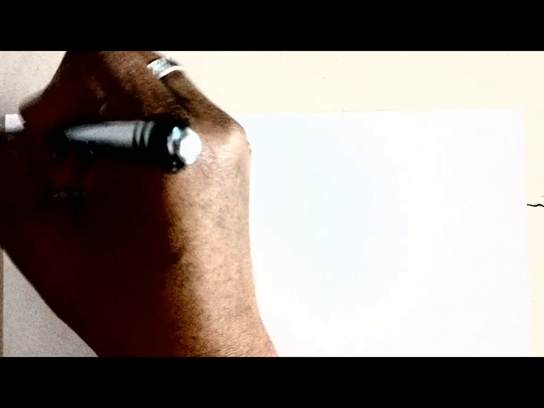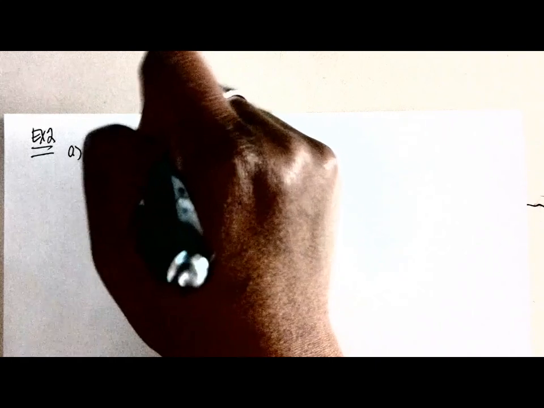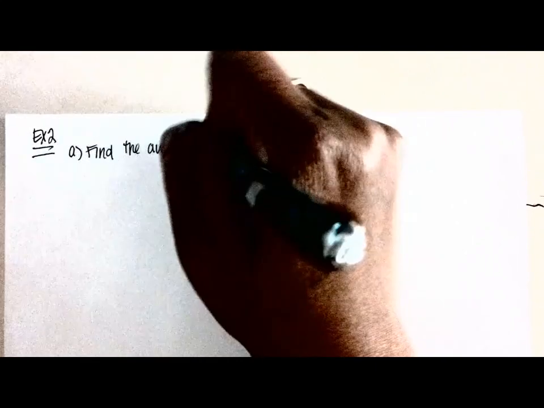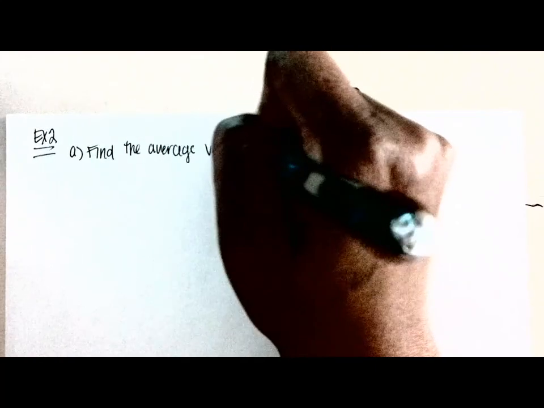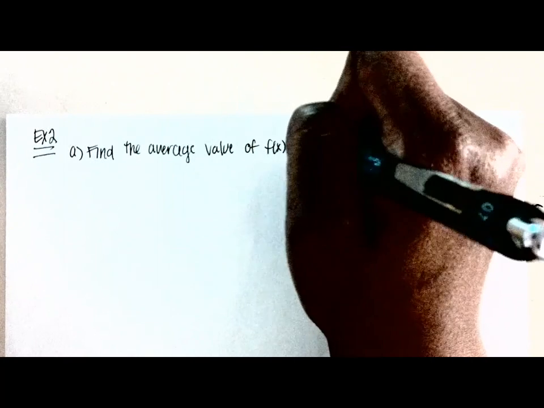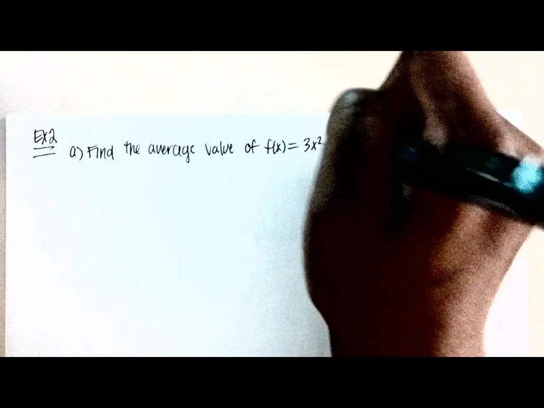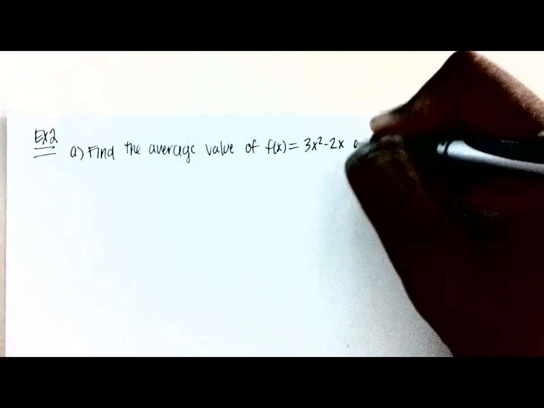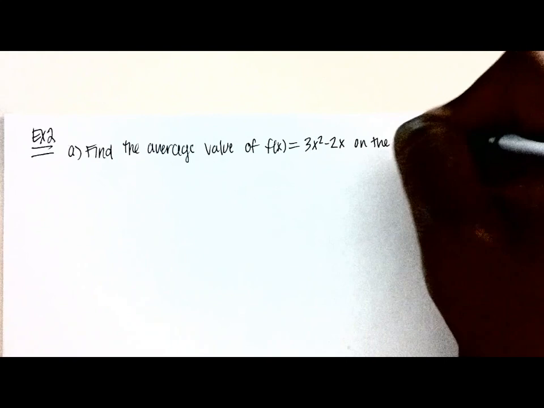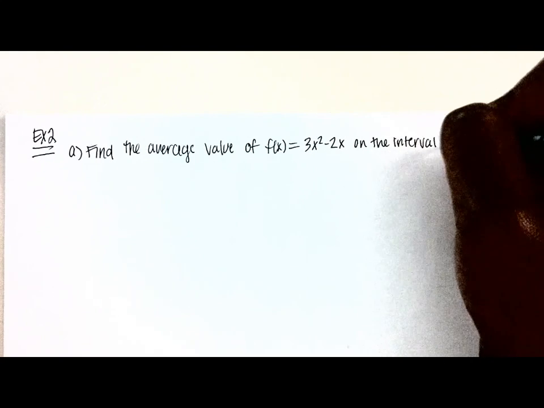So this is example 2, our last example. A, find the average value of f of x equals 3x squared minus 2x on the interval from 1 to 4.